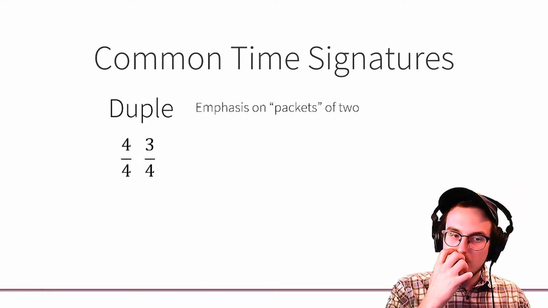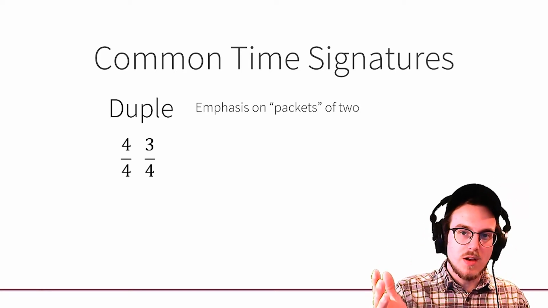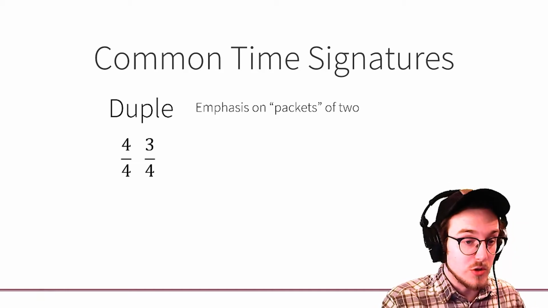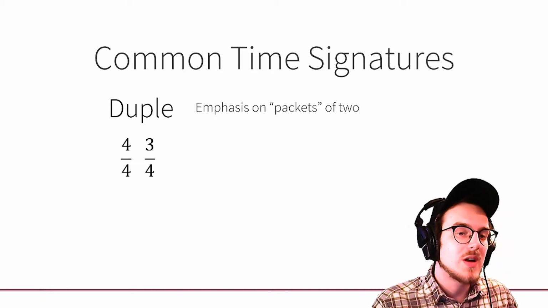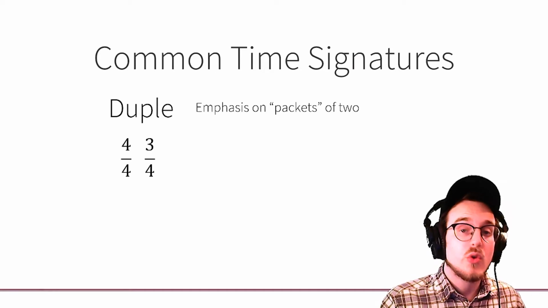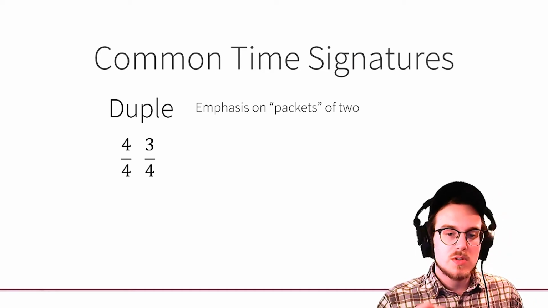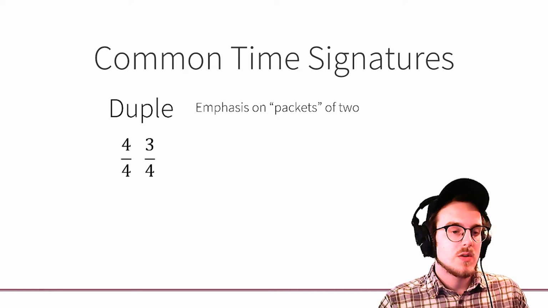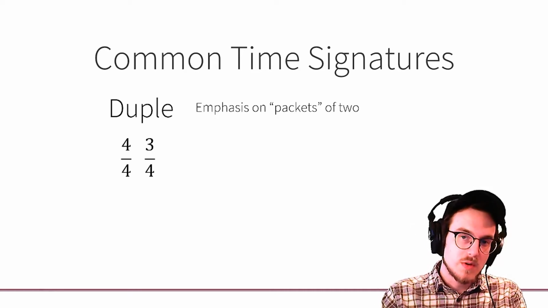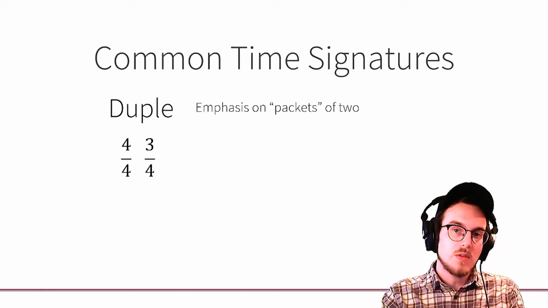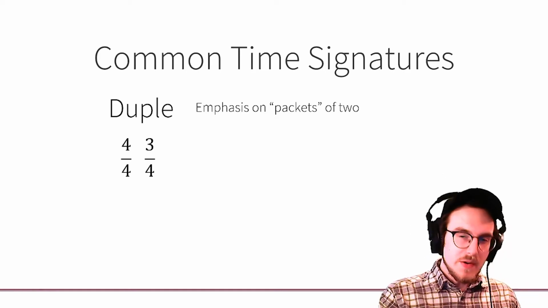We kind of have 2 major distinctions of time signatures. The first one is duple, which is focused on packets of 2. So 4/4 and 3/4 are the most common ones that you'll see here. And these have this really strong emphasis on 2. So 4/4 has that 1, 2, 3, 4, or 1, 2, 3, 4, right? 3/4 is a little bit weirder.